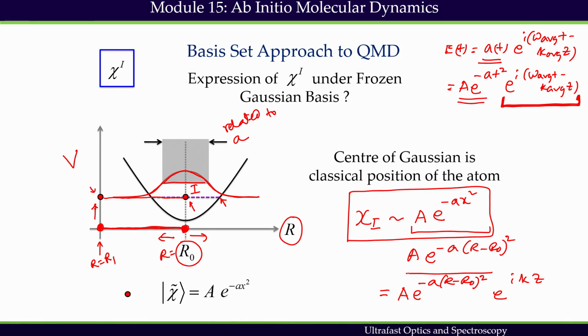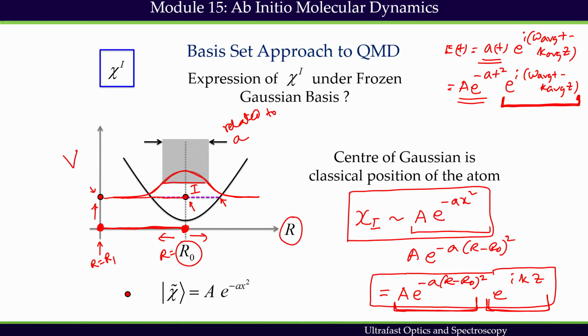This expression shows that it is a traveling Gaussian. The center of the Gaussian is going to be the classical position of the nucleus, and it can move, because this part indicates that it will be propagating along the z direction with the k vector.